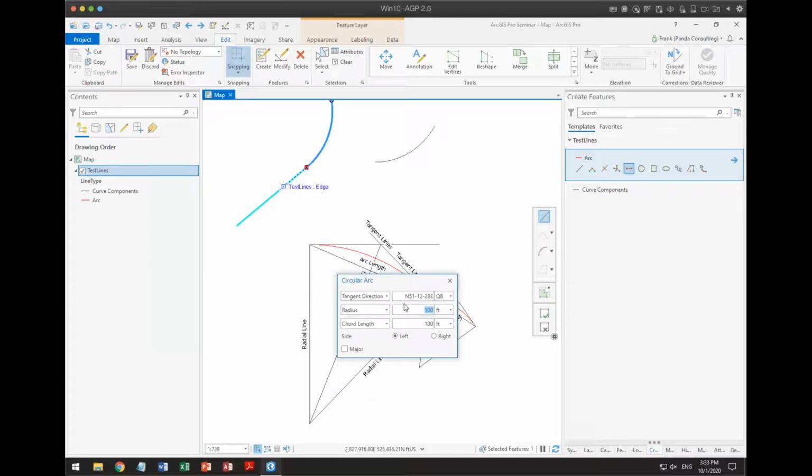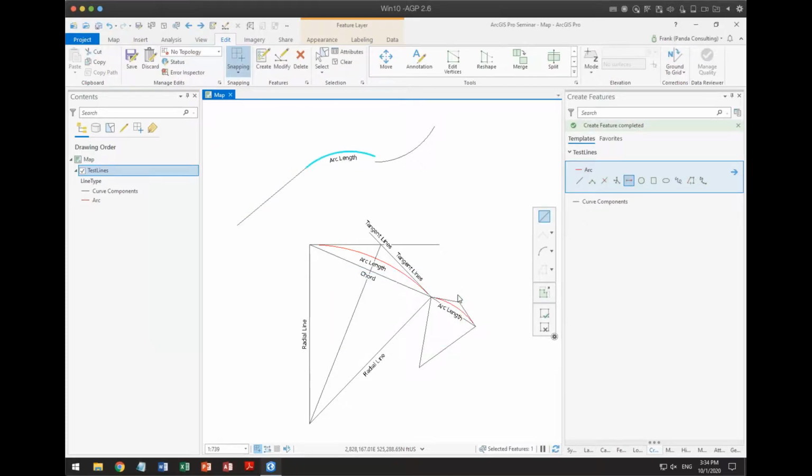And in this case, because I went back over on top of my other line that I had, it picked that up inside of my constraint and said, oh, if that's your tangent direction, then I could put the rest of this stuff in. And again, then it's okay, well, what's the radius? And what's the central angle here? Maybe I want to go 60 degrees east from there. Now, once I put that in, it already has that in here.